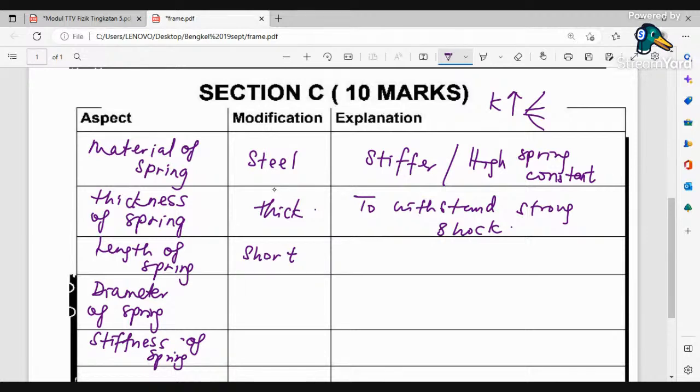So length of spring must be short. Okay, so you can write down the same reason, stiffer or higher spring constant. Diameter of spring must be smaller.